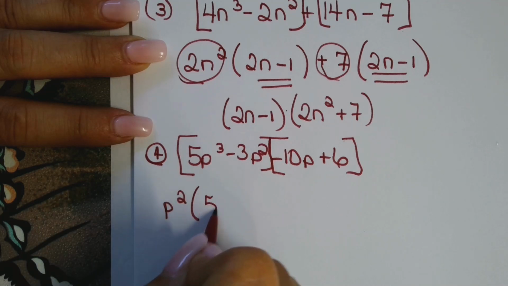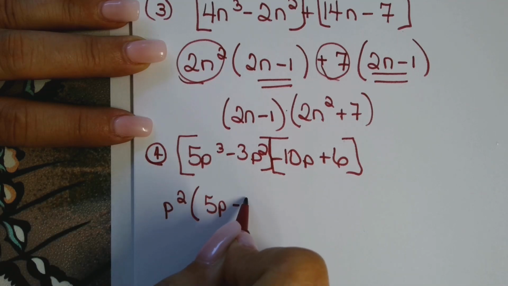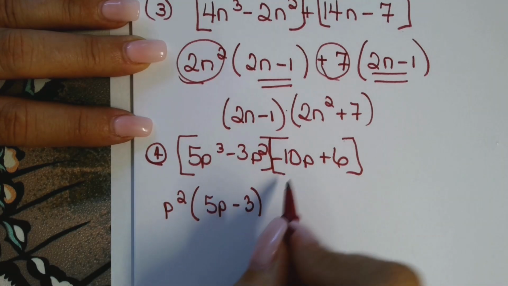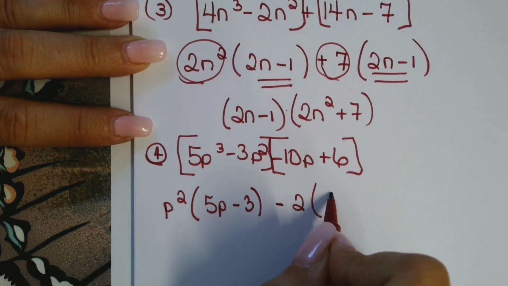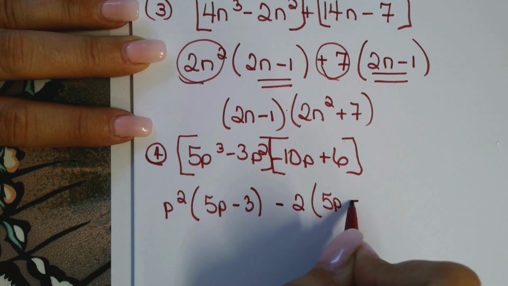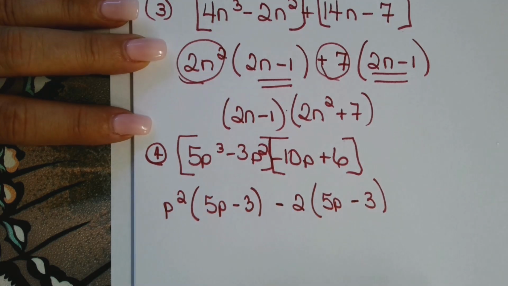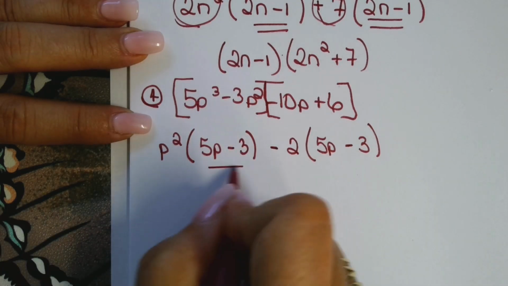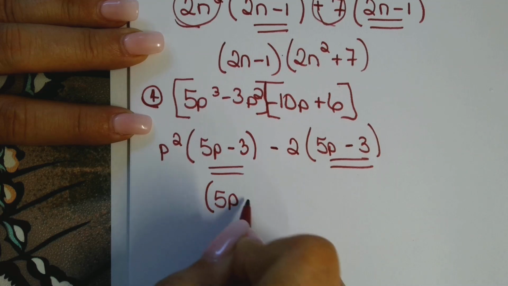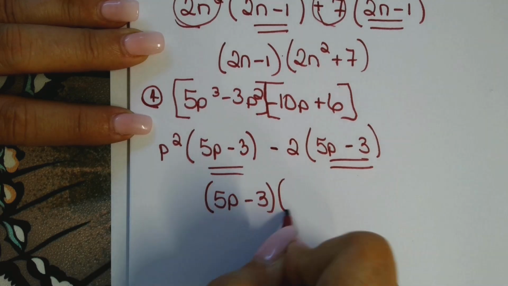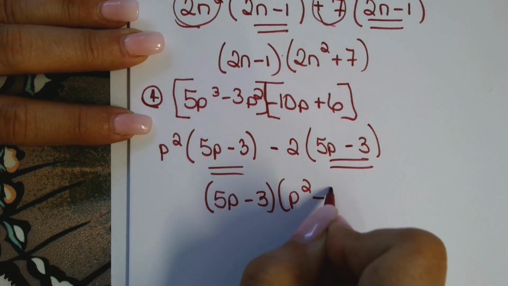We're going to be left with 5p minus 3. Here we're going to pull out a negative 2, and we'll be left with 5p minus 3. Once again, the common factor, 5p minus 3, p squared minus 2.